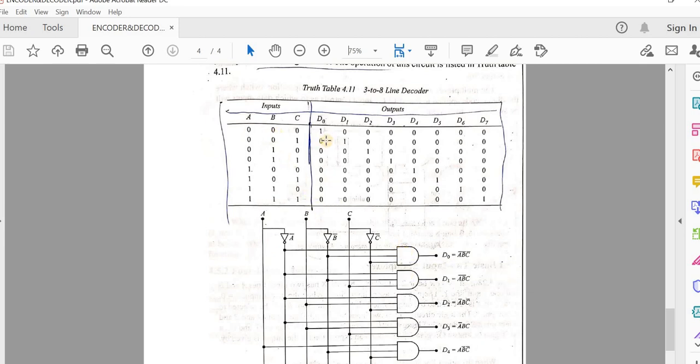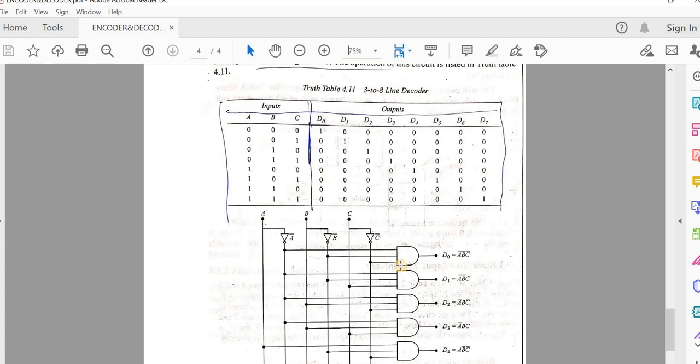So when we get D0 equal to 1, it is when A dash B dash C dash, it means when the inputs are 0 0 0. If we need A dash, then we have to put an inverter here. Again for B dash we have to put an inverter here, and again an inverter for C dash. So here come A dash, B dash, C dash.